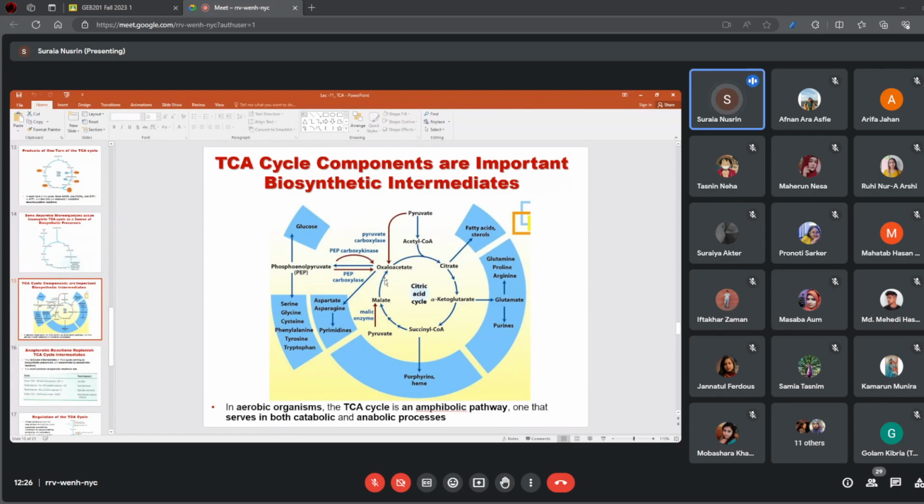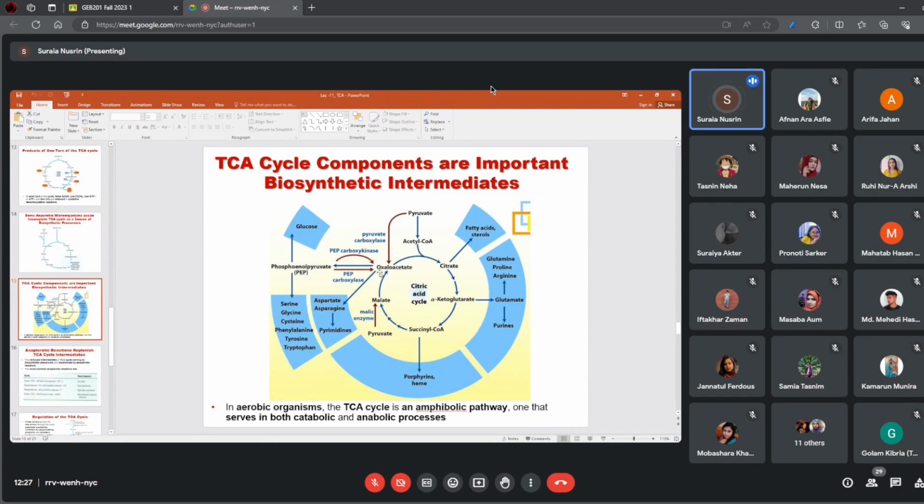Once there is enough oxaloacetate, the cycle will go on. So the cell makes sure that there will be enough oxaloacetate even after the use of the intermediates as biosynthetic precursors. So the cell is synthesizing oxaloacetate from pyruvate.